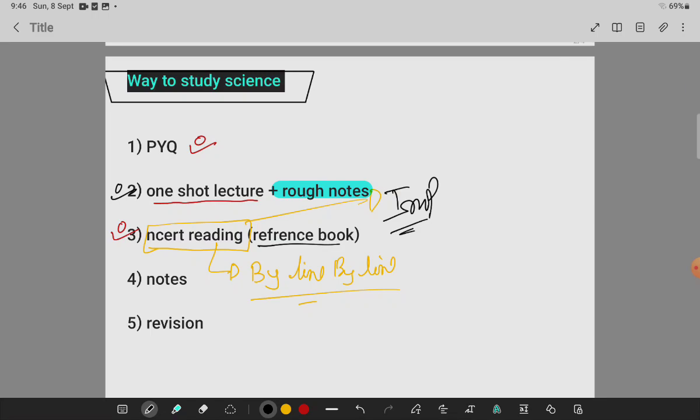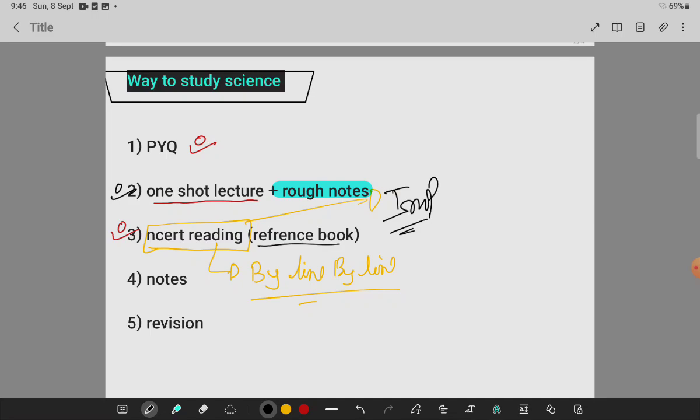For example, Oswald is the most popular book in the market. They are giving you the simplest notes and previous year question papers, as well as flowcharts also.